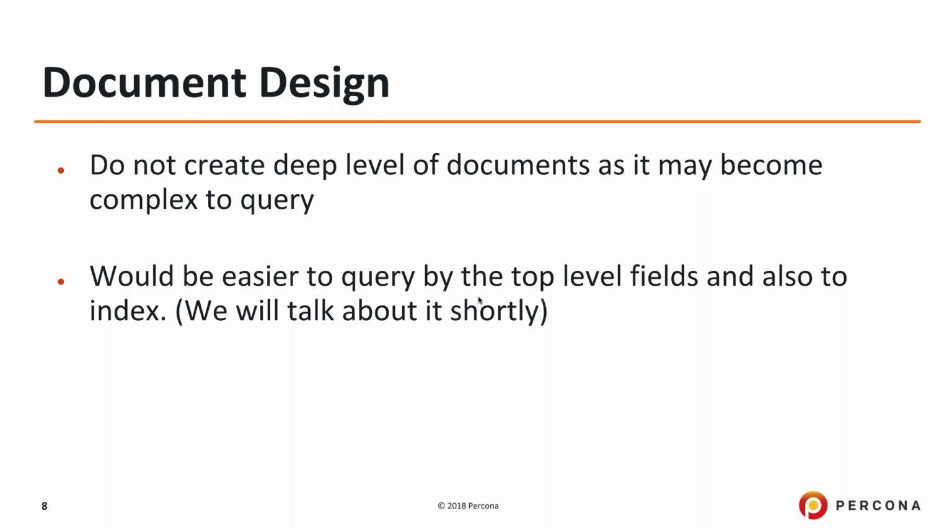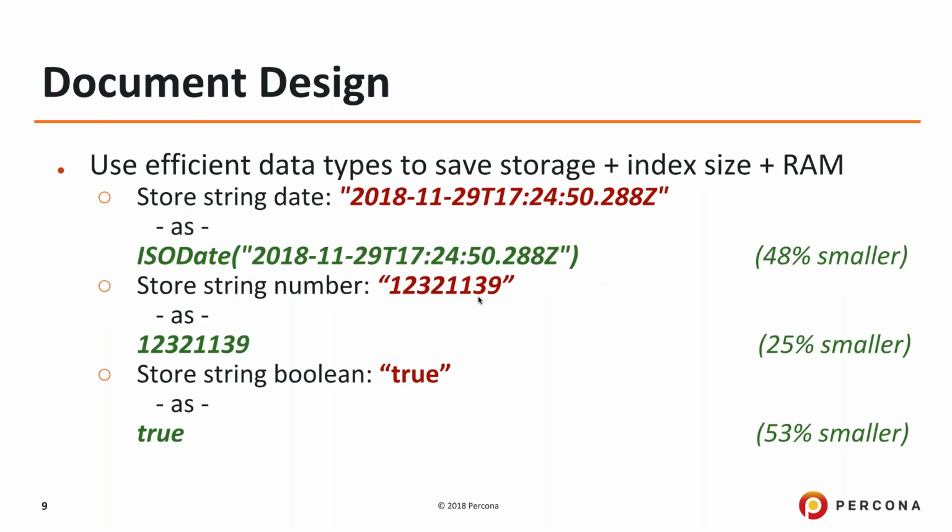If you have, let's say, 10, 20, or 30 layers of nesting in your document, it becomes very ugly in your code to query that, because you have to write 10 to 30 layers of nesting in your code. So don't go too far, but definitely take advantage of the fact that you can avoid these joins. It's easier to query the top level fields, of course, but 30 layers down is not fun.